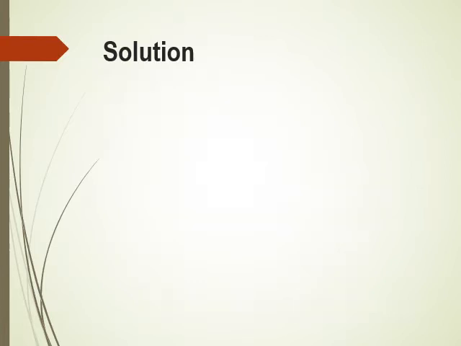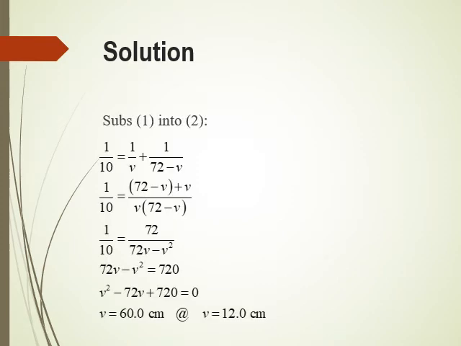Now that you have two equations with two unknowns, let's solve by substituting equation 1 into equation 2. You will obtain v equals 60 cm or v equals 12 cm. You get two values of v right now.